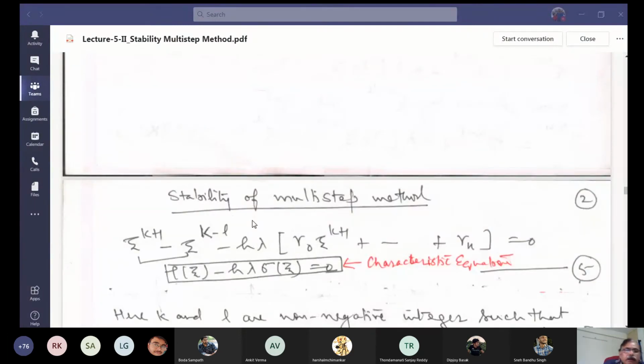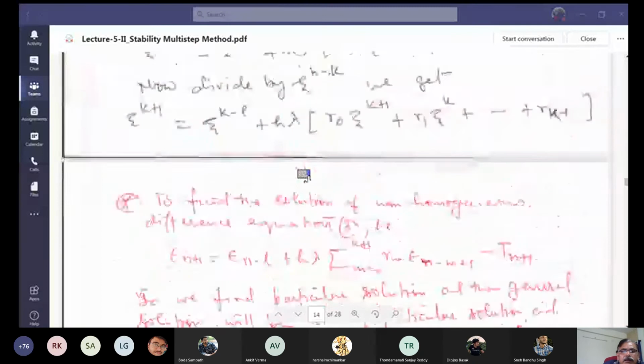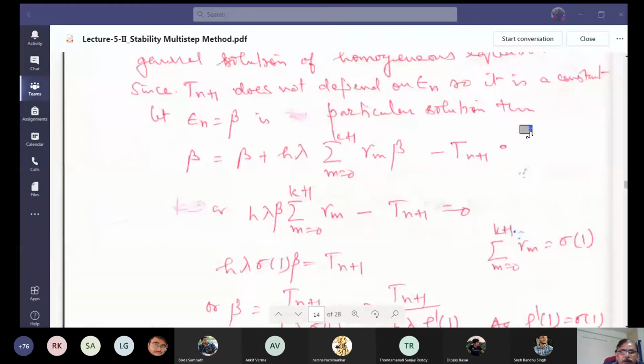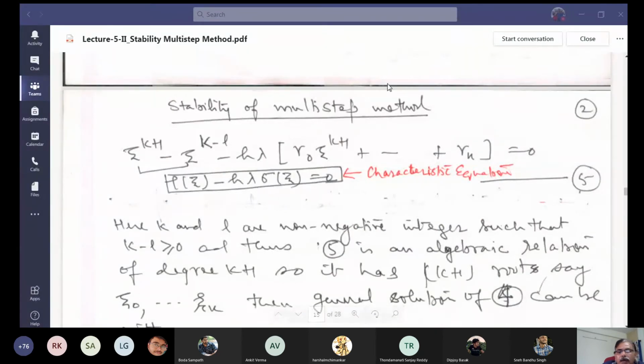Now I will just rewrite it. Xi to power k plus 1 minus xi to power k minus L minus h lambda, all those slope parts, I will take everything on one side equal to 0. So this is what is done here, and we rewrite this as xi rho xi minus h lambda sigma xi equal to 0.